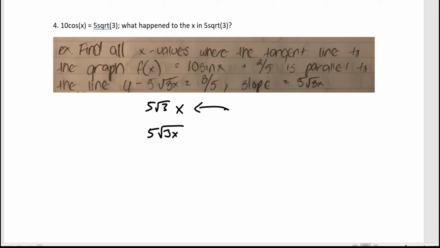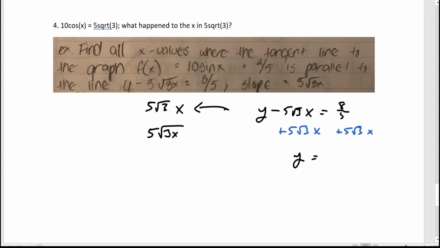Okay? So if you look at the equation for a line, think about it. You can write it in slope-intercept form if you'd like. You can add 5 square root of 3x to both sides. And what's that going to leave us with?